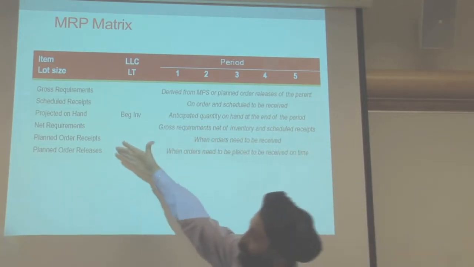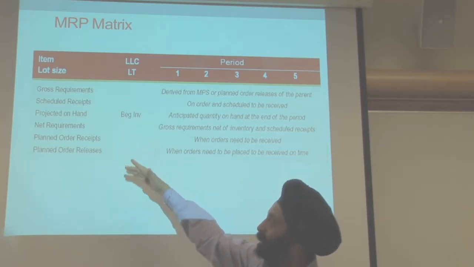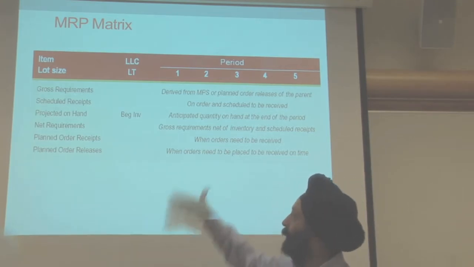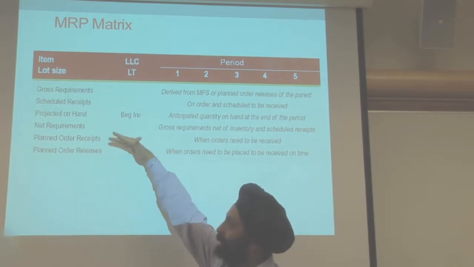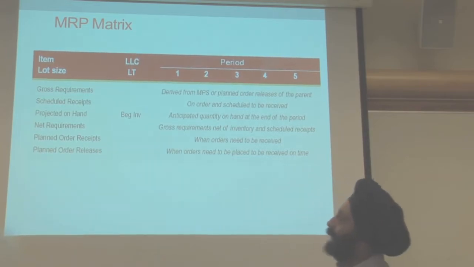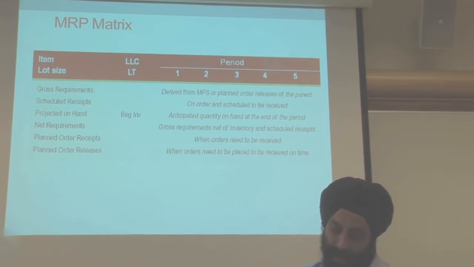And you need to have this type of data. You need the gross requirements, scheduled receipt, and projected on hand. Those are the inputs that are needed in here. And based on that, you calculate net requirements, planned order receipts, and planned order releases. Those are the information that one ends up calculating.